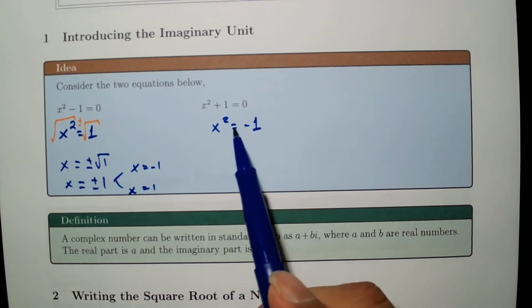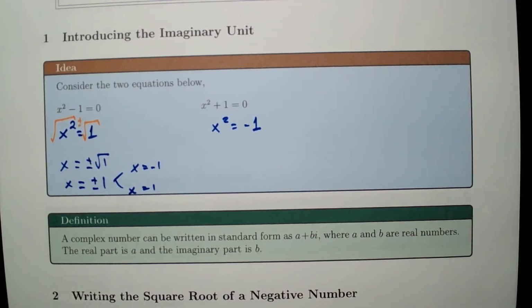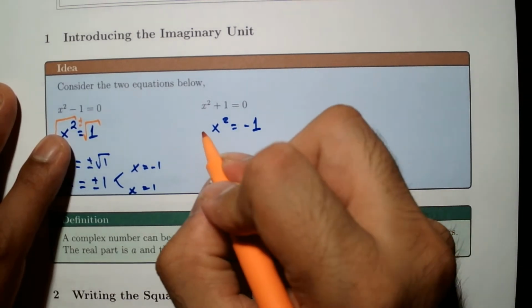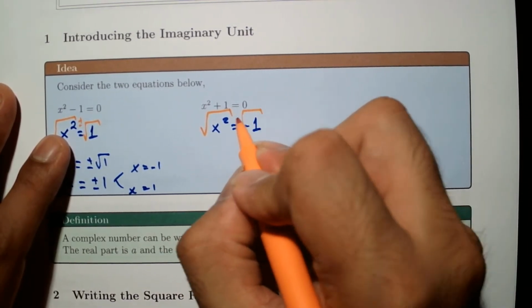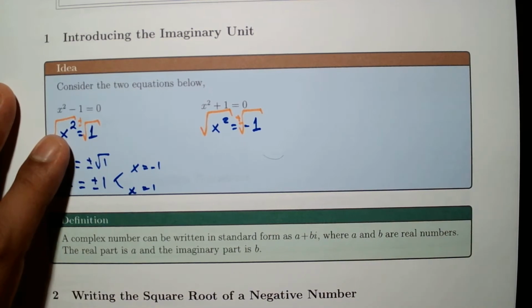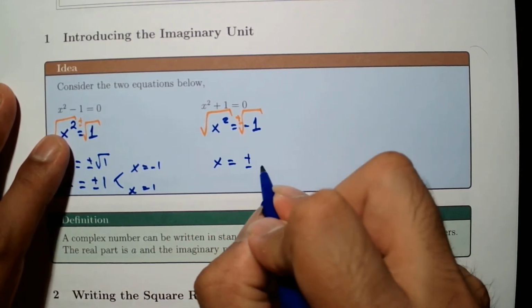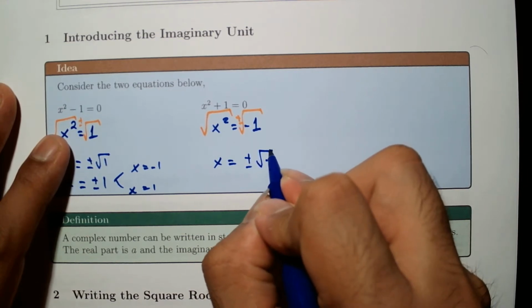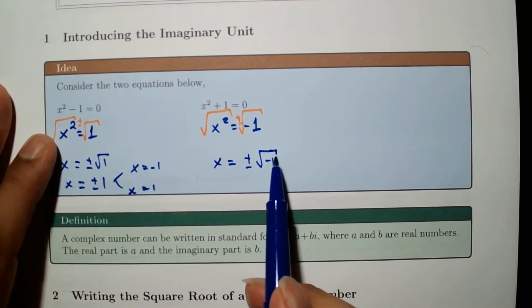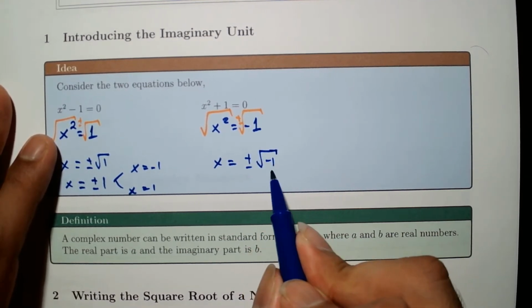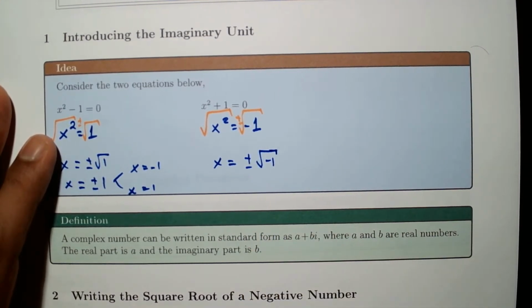in order to give a solution to this equation, let's take the square root on both sides, plus or minus. So the solution will be x equals plus or minus the square root of -1. Again, you might remember from intermediate algebra that we cannot take the square root of a negative number.